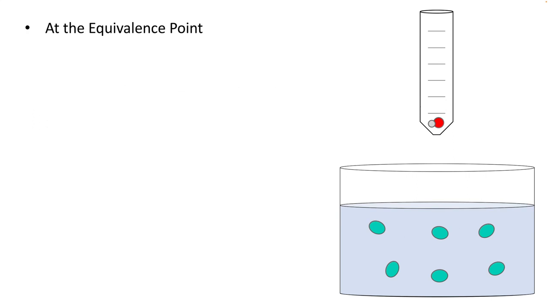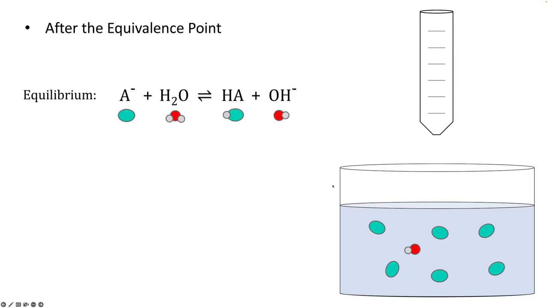Now what happens if we keep going past the equivalence point and we add more hydroxide? There's nothing for it to react with, so we simply build up hydroxide in solution. We're now after the equivalence point, but we still have the equilibrium where A- is in equilibrium with H2O, and a little bit of OH- is produced, but we actually have some OH- that was just added to the solution by the titration past the equivalence point.